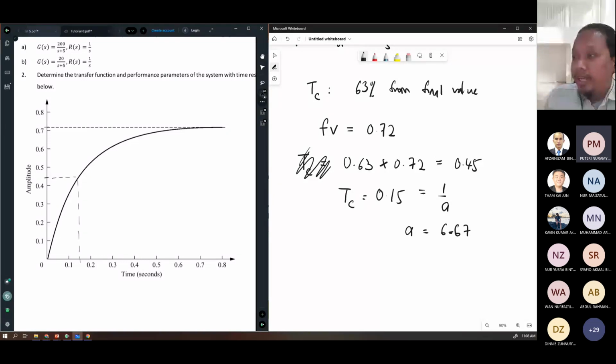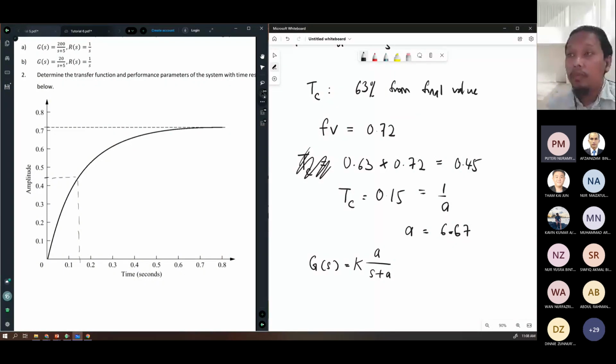Okay, then we get A, then we get the general formula. The general formula is A over S plus A. But of course there is a constant in front, let's call it K. Why the constant?